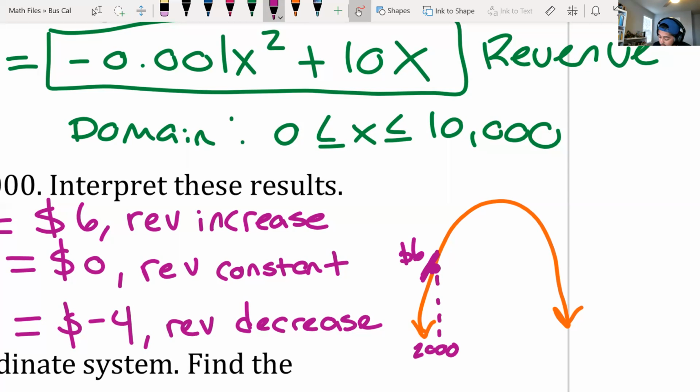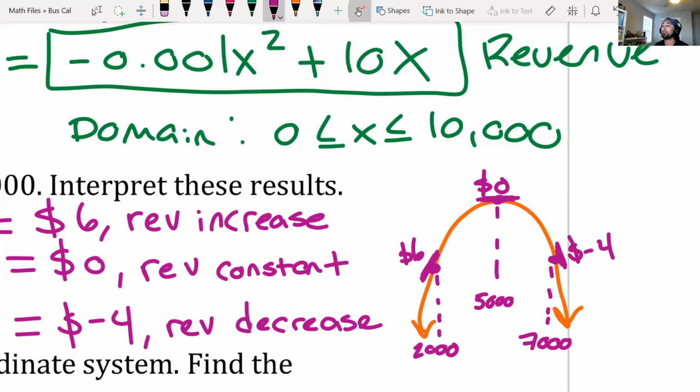Next we saw that at 5,000 headsets, we had a slope of 0. So we're plateauing out. We're making money still, but not as much. And now, when we have too many items out, at 7,000 headsets, our slope is decreasing. And that's all you're finding, the slope of that function. How well is our revenue actually doing?